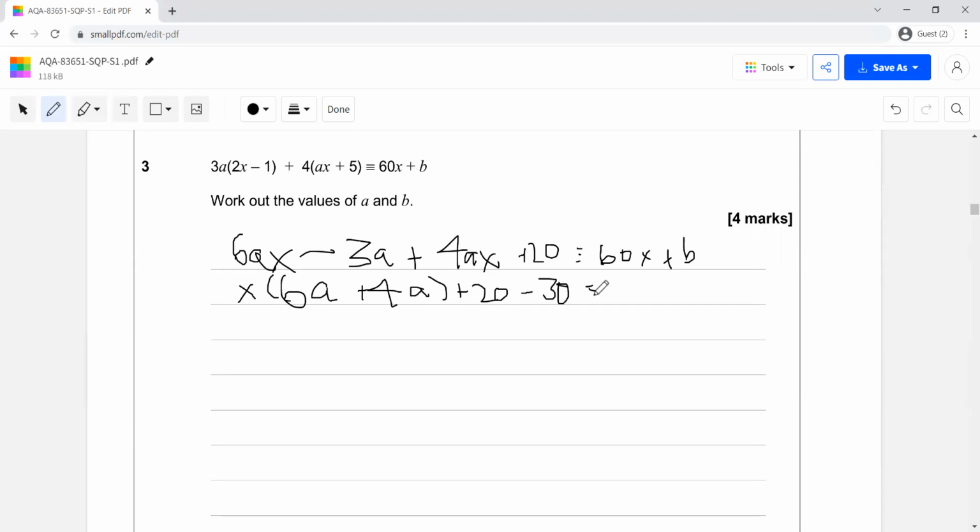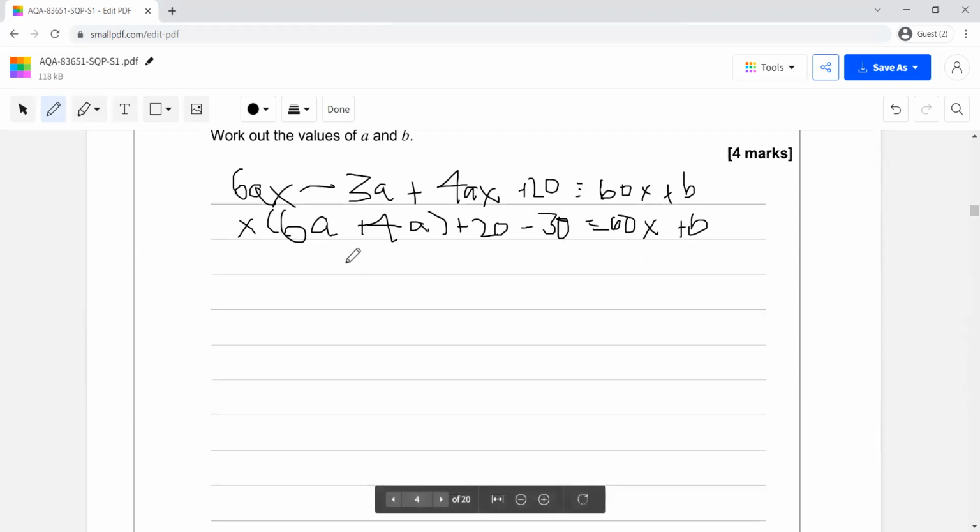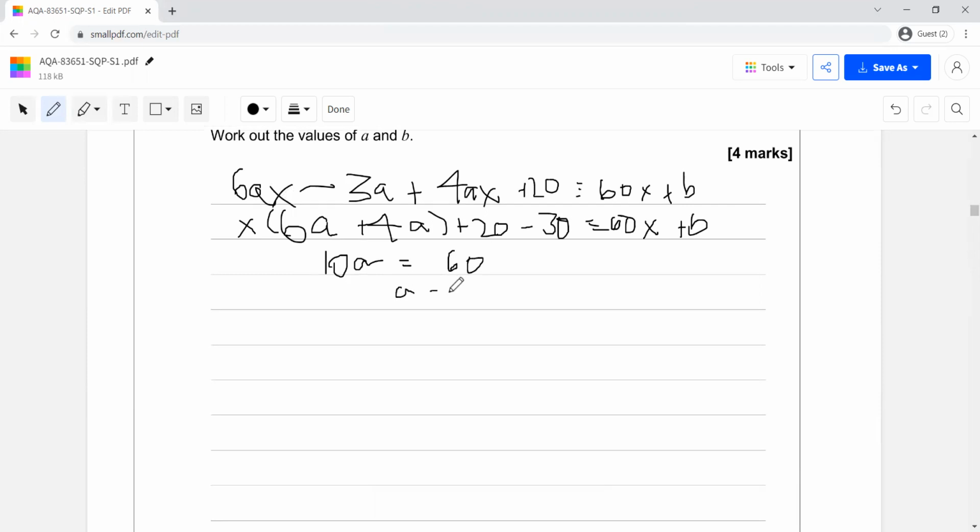And this is identical to 60x plus b. Now, comparing the coefficient of the x terms, we have that 10a is equal to 60. So a is equal to 6. Now to find b, compare the constant terms.